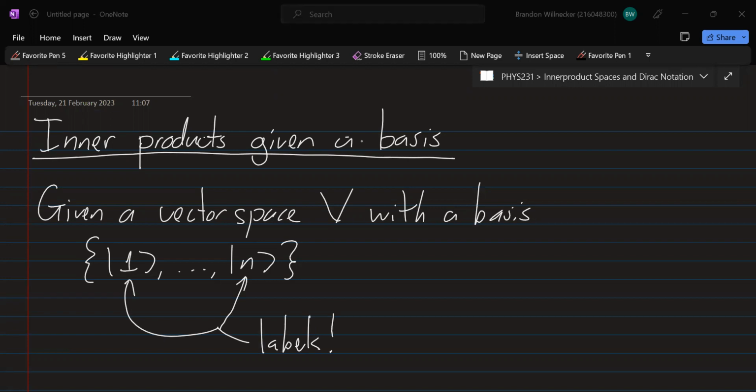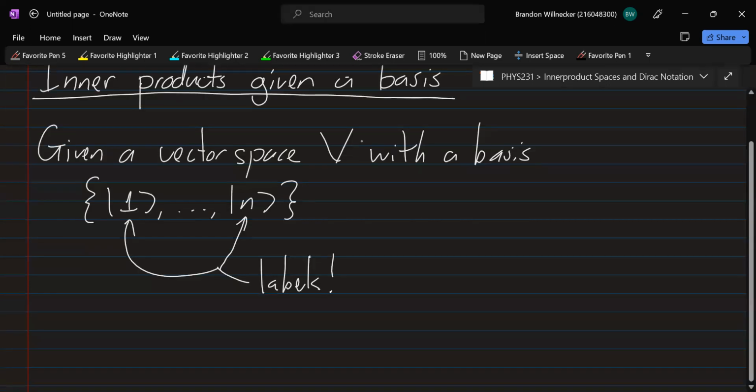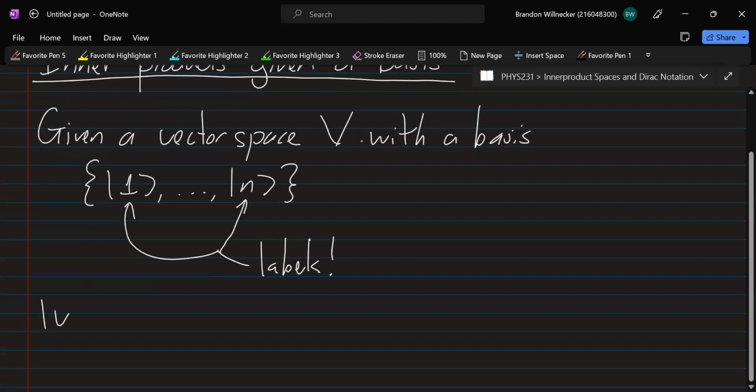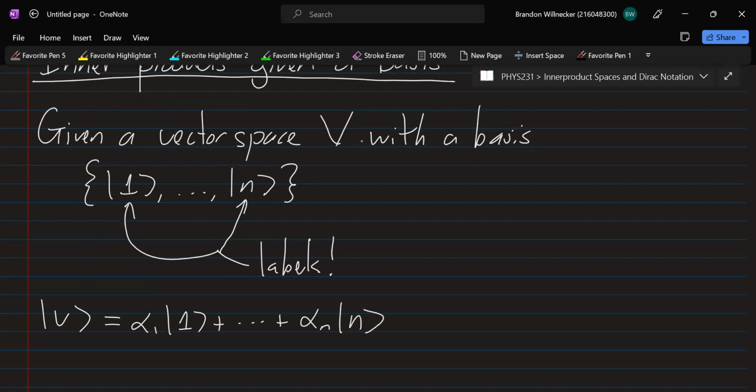Okay, so if this is a basis, then any vector in the vector space V can be written as a linear combination of these basis elements, as we saw before. So let's say we had a vector V from the vector space. We can write this as alpha 1 |1> plus all the way through to alpha n |n>.